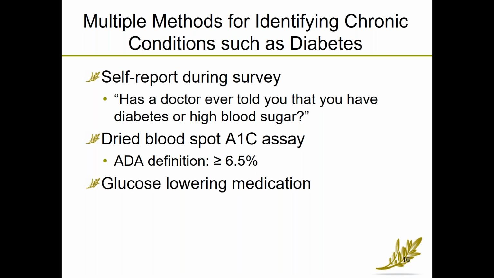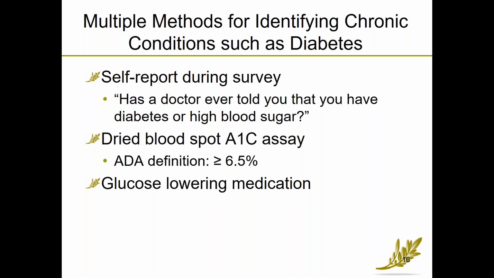As mentioned earlier, we also have the dry blood spot assays. In the case of diabetes, we have hemoglobin A1C as a way of identifying diabetes or pre-diabetes, and we can use something like the ADA definition of diabetes based on an A1C, which is an A1C at or above 6.5%.